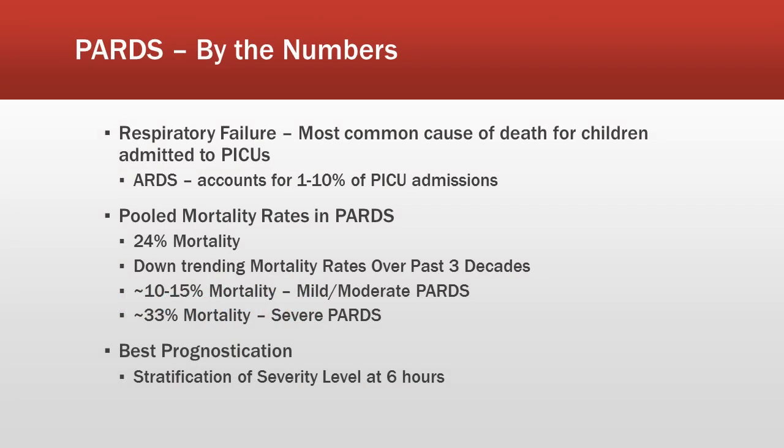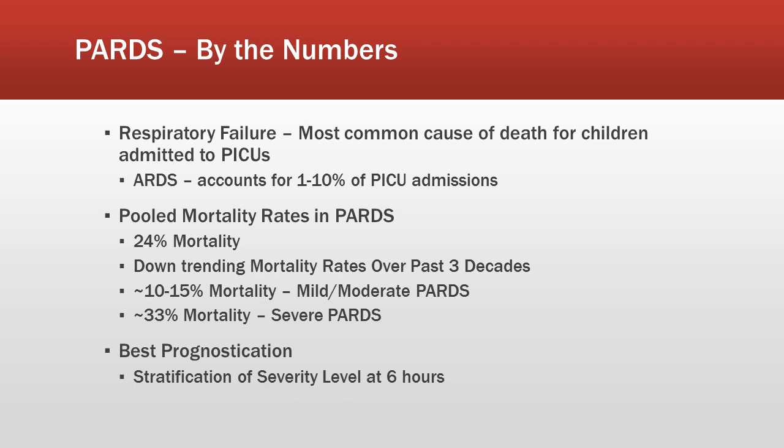Take a look at the pediatric ARDS numbers that we have. As I'm sure many of you already know, respiratory failure is the most common cause of death for children, especially those admitted to the pediatric ICU. ARDS actually accounts for up to 10% of pediatric ICU admissions. When we start looking at them by individual numbers, pediatric ARDS has a pooled mortality of about 24%.